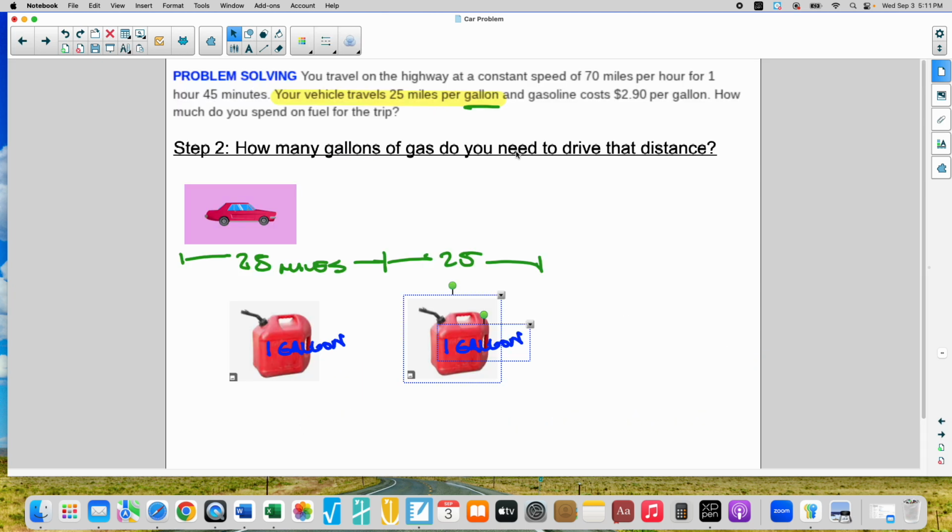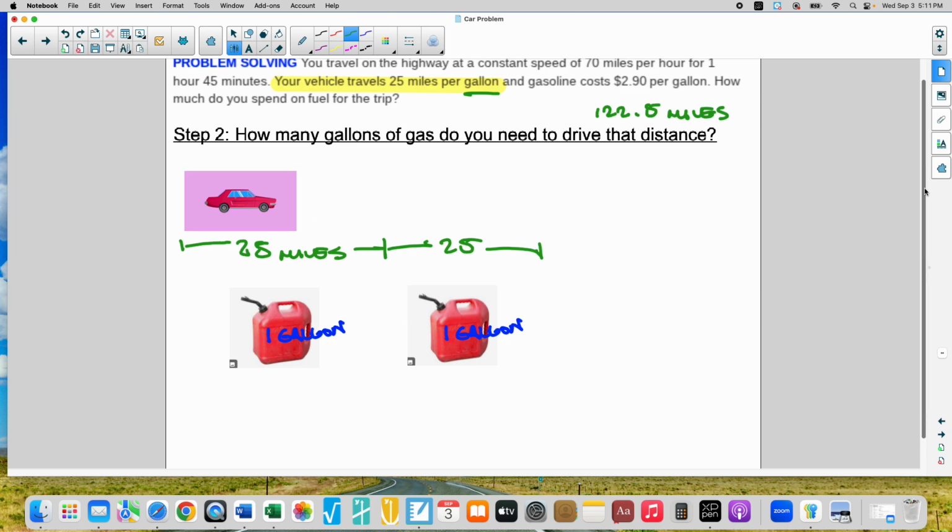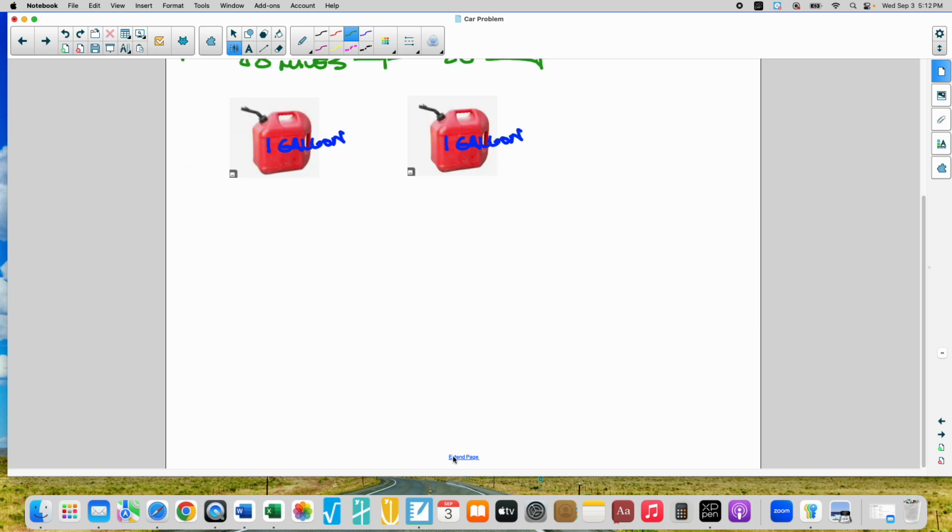So I'm going to need to know how many gallons do I need to drive 122.5 miles. So how many gallons? Well, for every 25. So if we want to find how many 25s are in 122.5, we're going to have to do a little division.